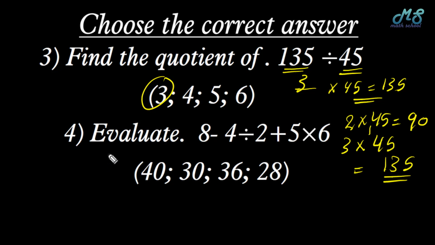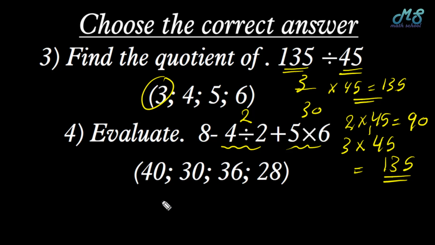Number 4, evaluate. 8 minus 4 divided by 2 plus 5 times 6. First, guys, we will do division and multiplication from left to right. Now ask yourself, 4 divided by 2 equals what? Equals 2. 5 times 6 equals what? Equals 30.